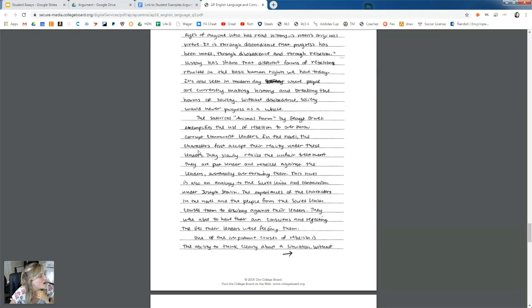Anyway, in the novel, the characters first accept their reality under these leaders. They slowly realize that this unfair treatment they are put under and rebelled against the leaders, eventually overthrowing them. This novel is also an analogy to the Soviet Union and communism under Joseph Stalin. The experiences of the characters in the novel and the people from the Soviet Union causes them to disobey against their leaders.